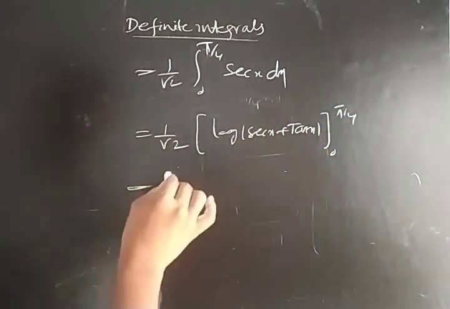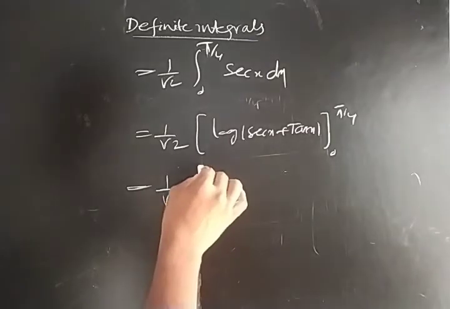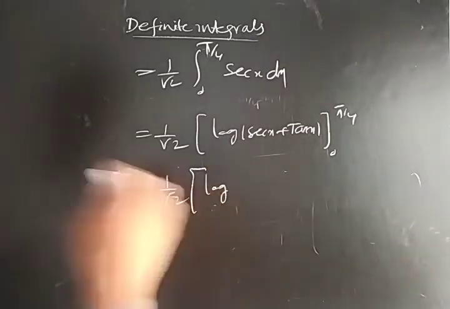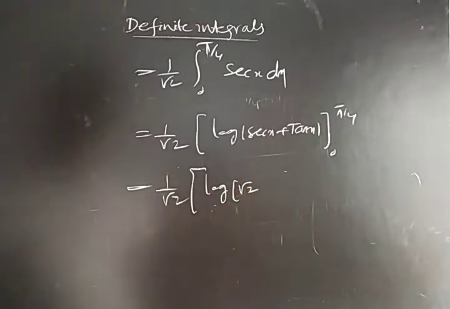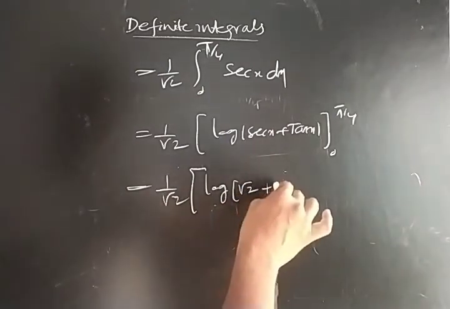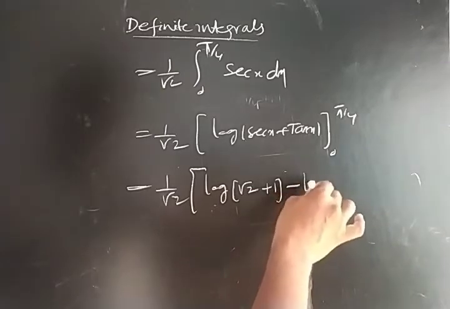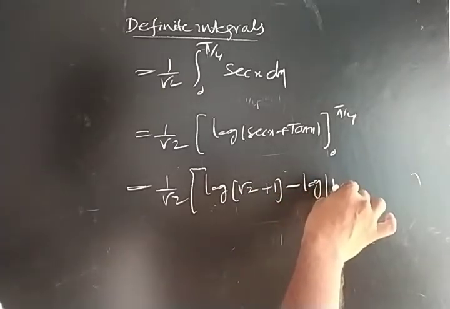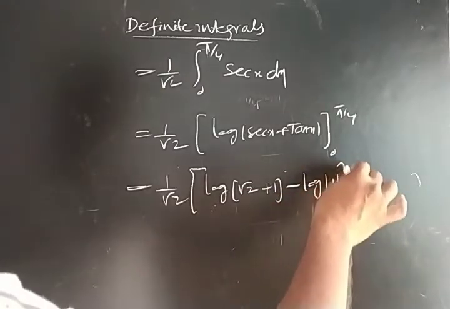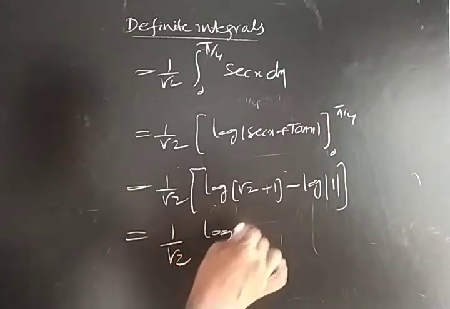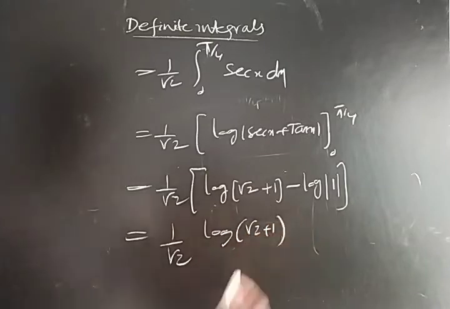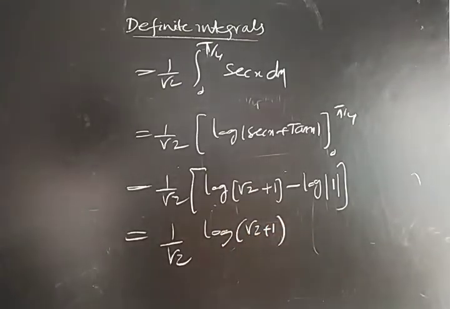So I am substituting upper limit 1 by root 2 log secant pi by 4 root 2 and tan pi by 4 1, minus log secant 0 1, tan 0 0, log 1 value 0. So 1 by root 2 log of root 2 plus 1 is the answer. Okay.